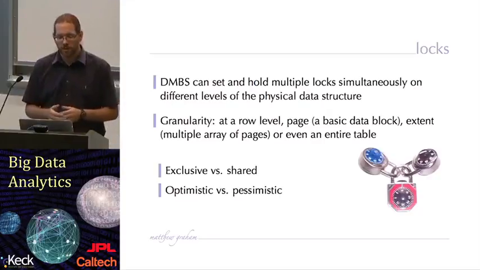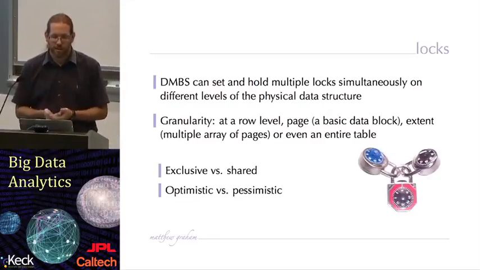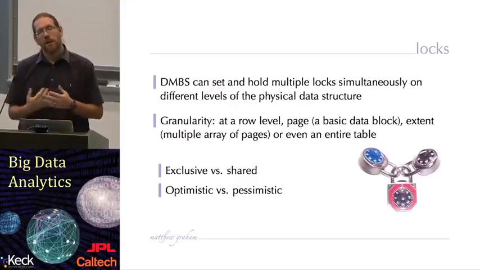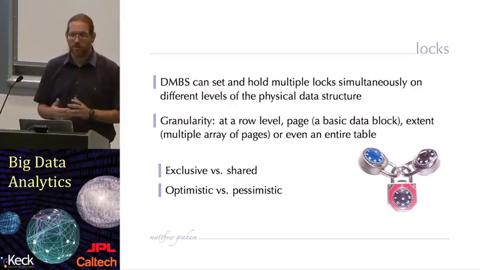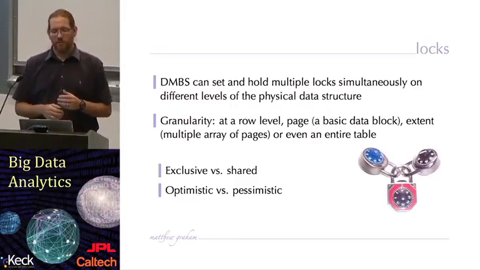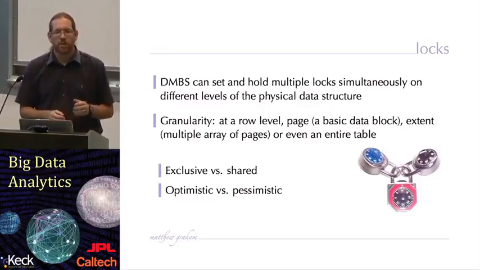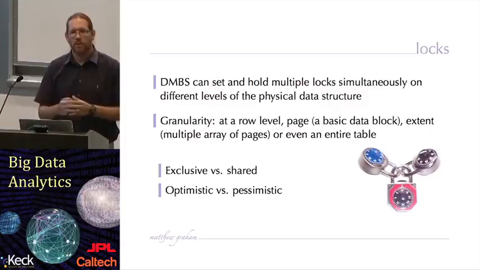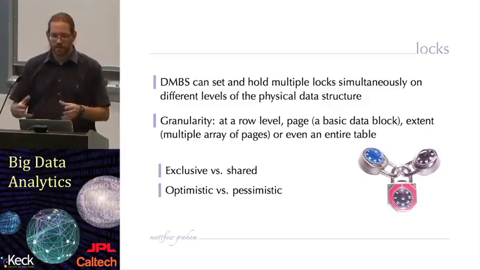You can have a read lock or a write lock. There are different types of locks, exclusive locks versus shared locks, so that the access to the data is limited to one person, or it could be shared between a group of named individuals or named actors.